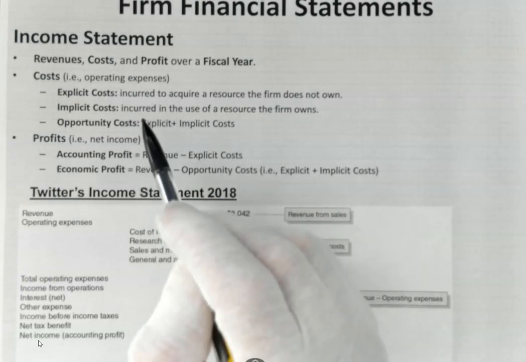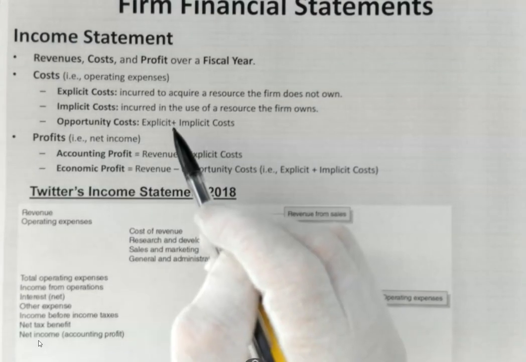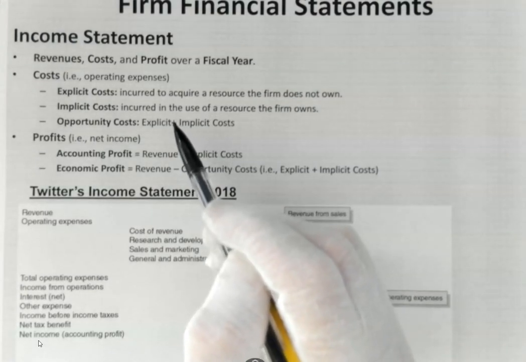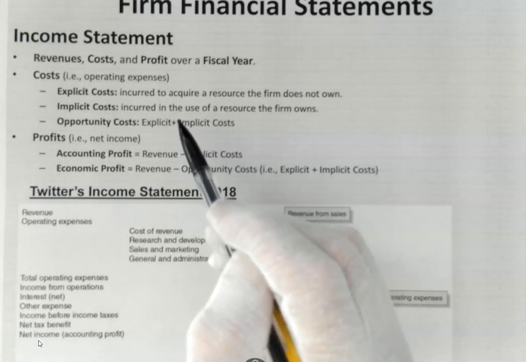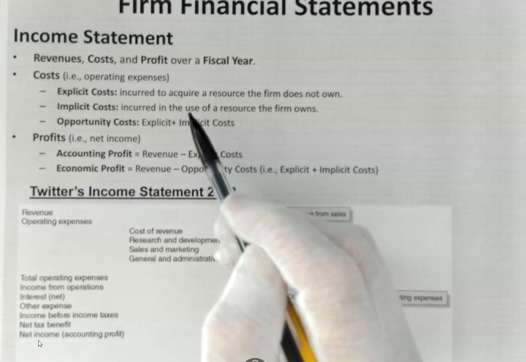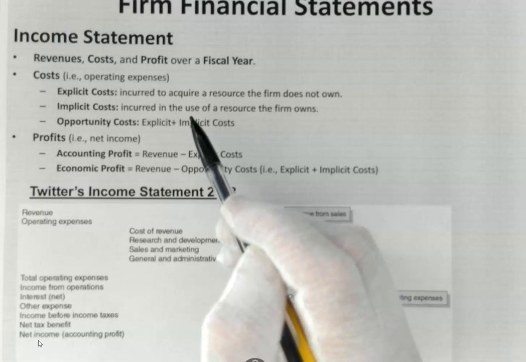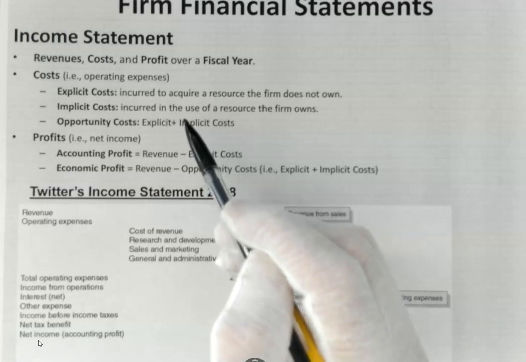Implicit costs, in contrast, are incurred in the use of a resource the firm owns. So if I work in my own business, I'm not hiring anybody. I'm not paying a wage, but there is a cost to my time because I could have worked somewhere else, right? So I am giving something up, and that needs to be considered. Similarly, if I use my own house that I own for my business, well, I'm not paying a landlord rent.